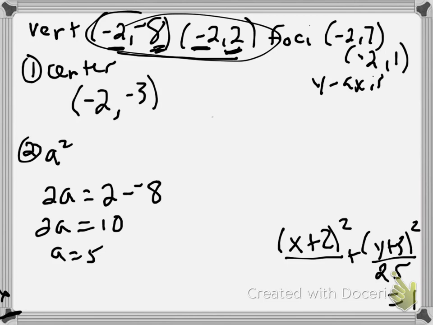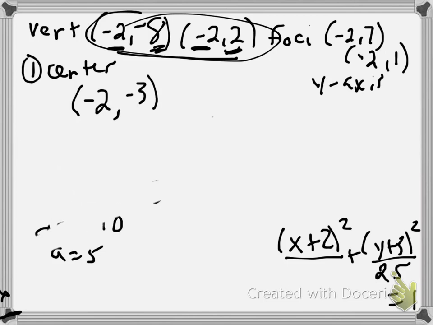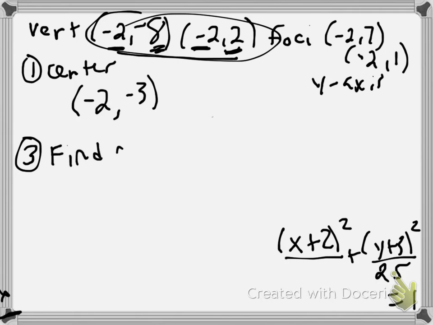Now, the only other piece of information we have is our c, which is our foci. So we're going to have to use that. That's step 3, so just erase step 2. We're going to have to find our c squared. From our formula, if we look at page 869, it's got this for our foci.